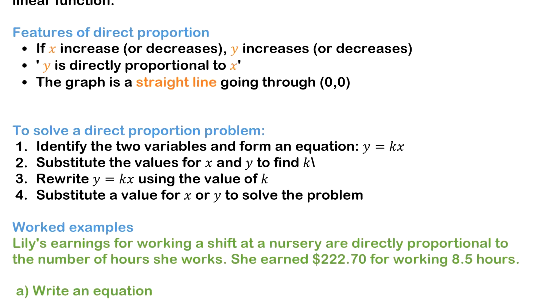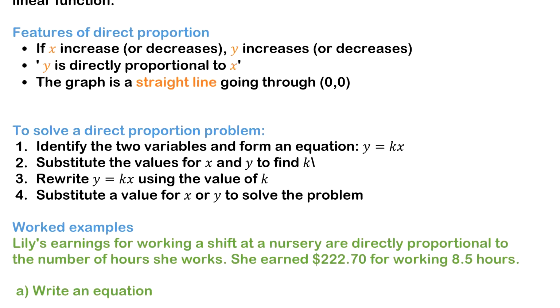Many questions will have a statement such as y is directly proportional to x, or earnings is directly proportional to hours worked. Something along those lines, and they are an indication of how you structure your equation. Whatever comes first is your y value, and then your second term is your x value.